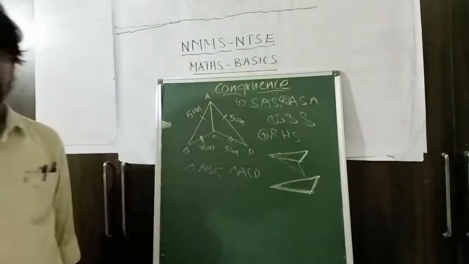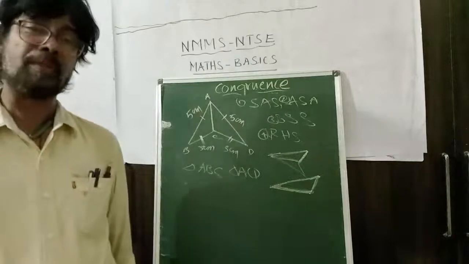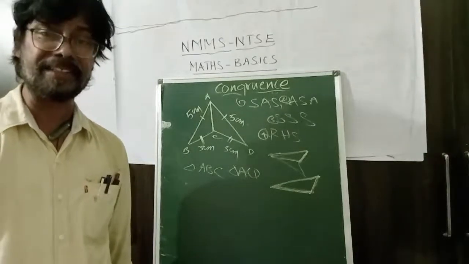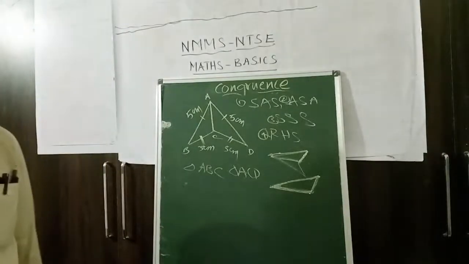And two triangles are superimposed and congruent triangles. That is the law of congruence of triangles.